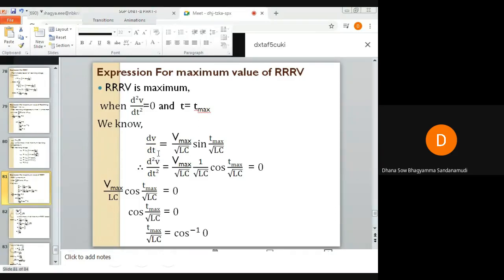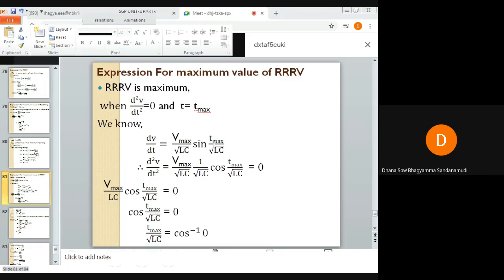You already know dV by dt, that is V max by root LC sin T max by root LC. So determine d square V by dt square, you will get V max by root LC into 1 by root LC cos of T max by root LC, and equate it to 0.